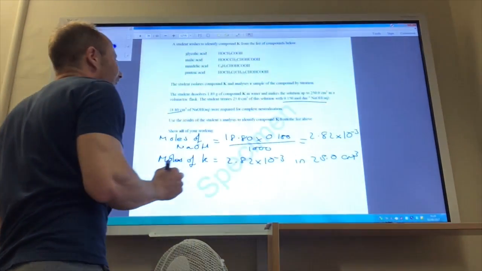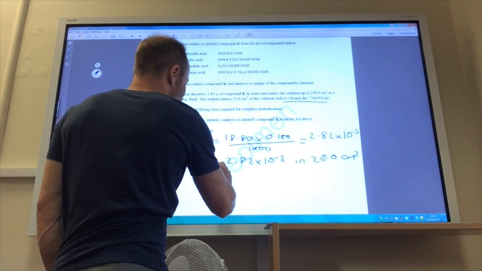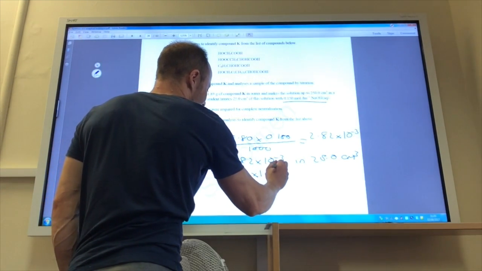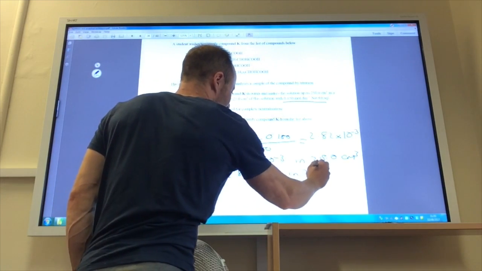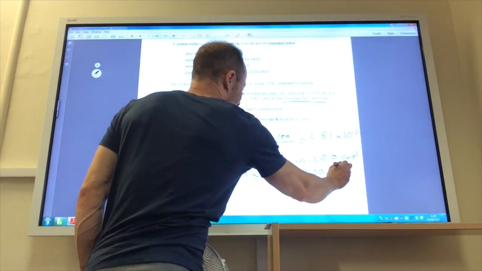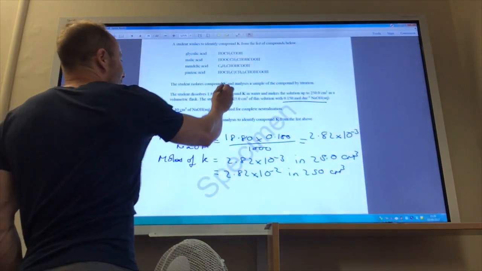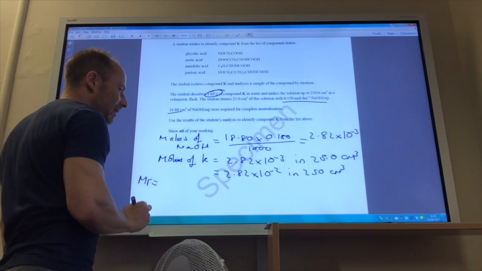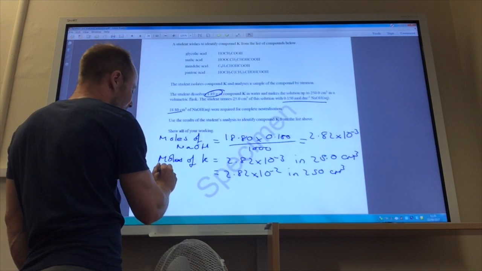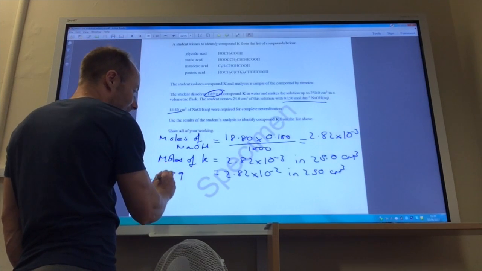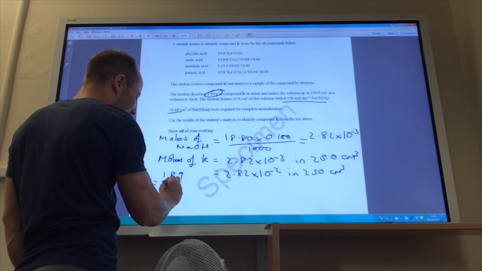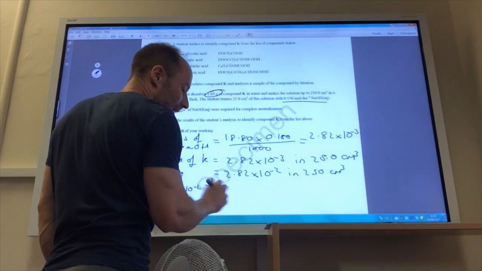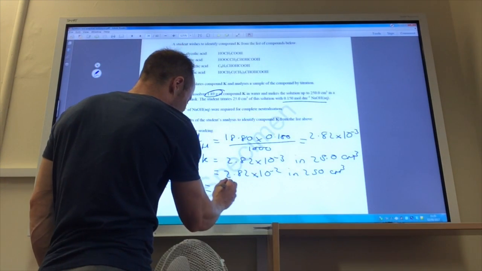However, originally it was in 250, so in 250 it's going to be 2.82 times 10 to the minus 2. I know how much I dissolved, so I can work out the molar mass. The molar mass is mass over moles, so it's going to be 1.89 divided by 2.82 times 10 to the minus 2, and that comes to 67.